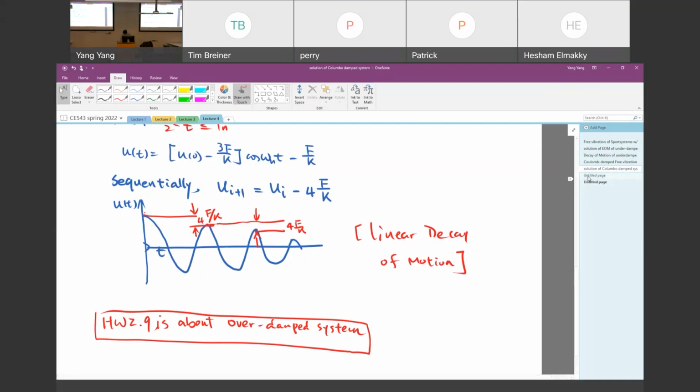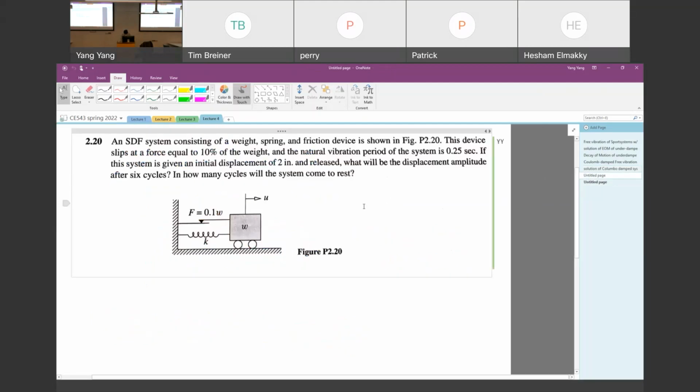Okay, so now let's see a quick example. That's about a single degree of freedom system. This is a Coulomb damped system. We have a mass device fixed, with the friction force equal to 10% of the weight.